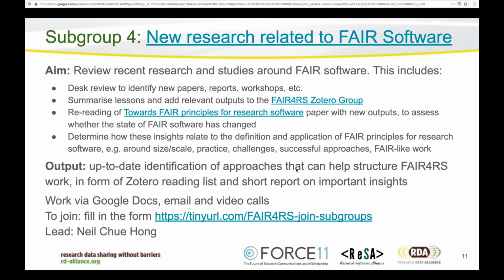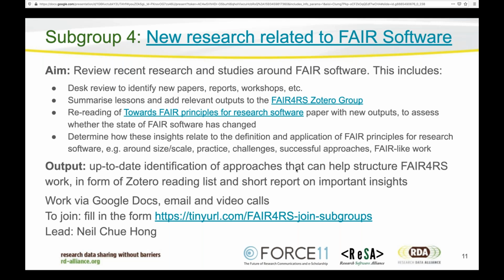In this case, the method we're choosing is to put them in the FAIR for Research Software Zotero group, making sure we've summarized the lessons that we've learned from all of these outputs, and then do a rereading of the Towards FAIR Principles for Research Software paper in the light of these new outputs to understand whether the outcomes that we have in that paper have changed at all in the approximately 9 months since that paper was submitted.